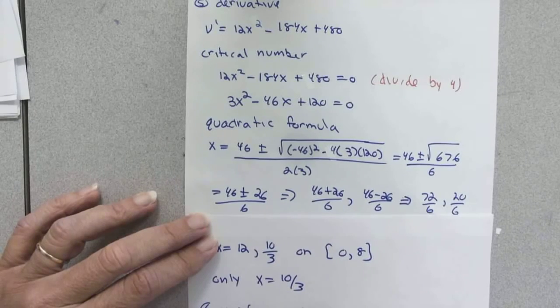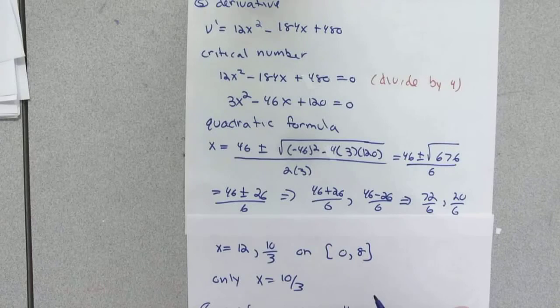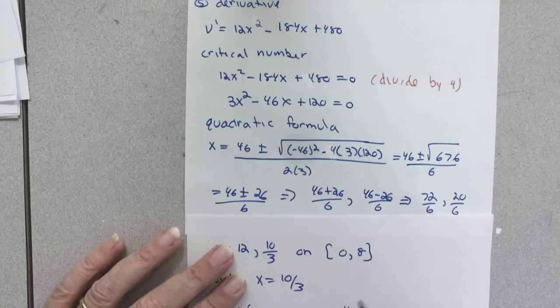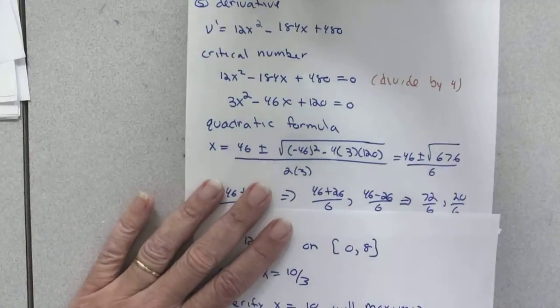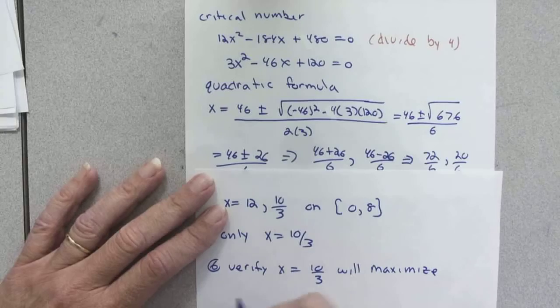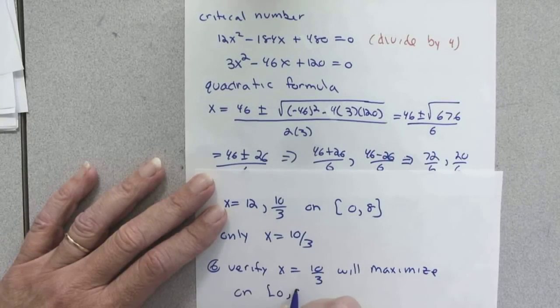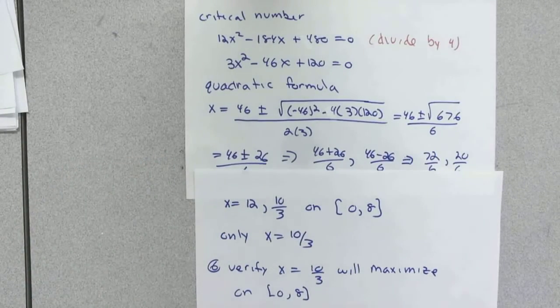Verify that x equals 10/3 will, and in this case, way back when, they said we wanted to maximize. They said largest volume, on the interval from 0 to 8. Now, even though the absolute max-min procedure would be best, I'm going to go ahead and use the second derivative test just for practice.